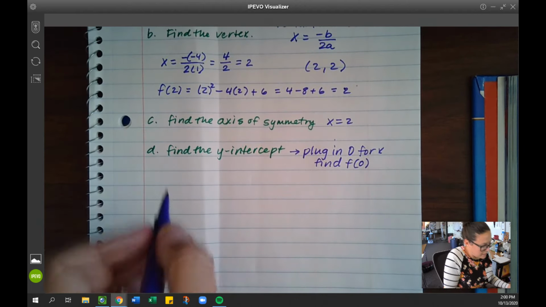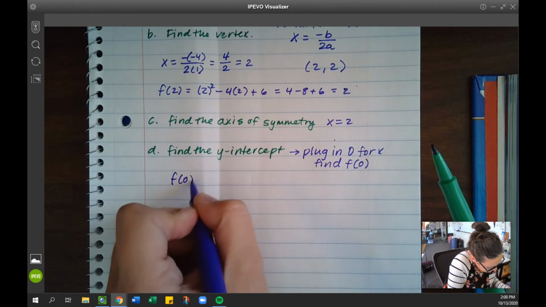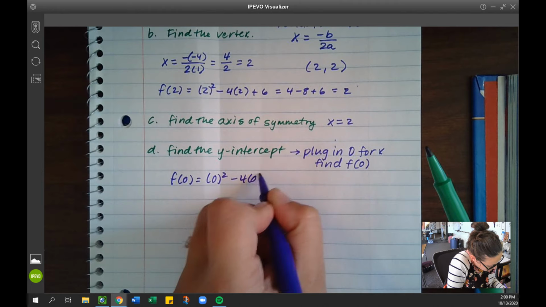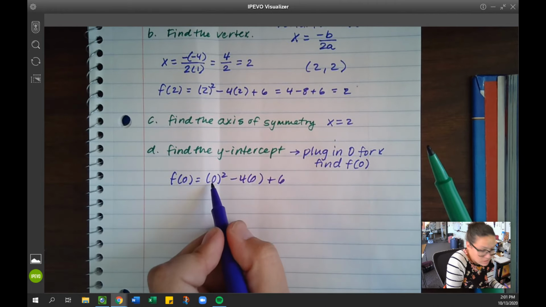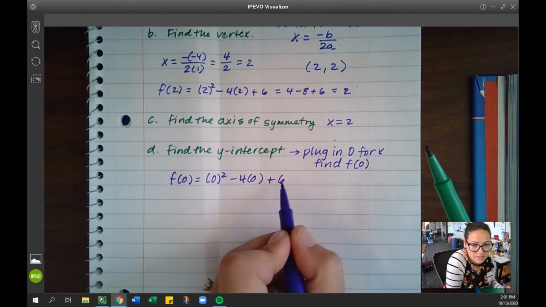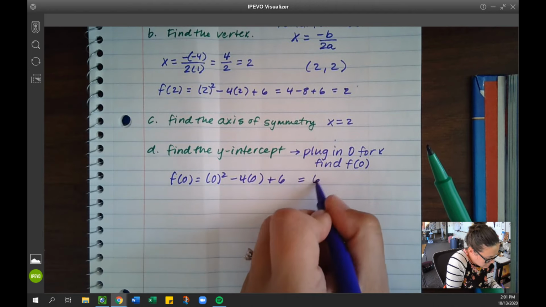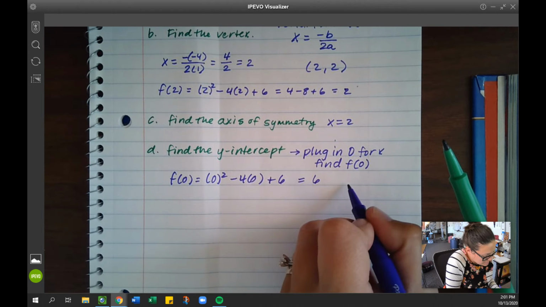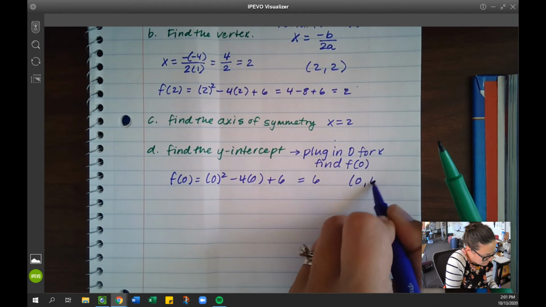So I'm going to find F of 0. So I have 0 squared minus 4 times 0 plus 6. Well, that's 0, and all I'm left with is 6. So the y-intercept is 0, 6.